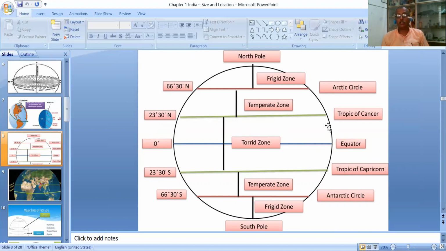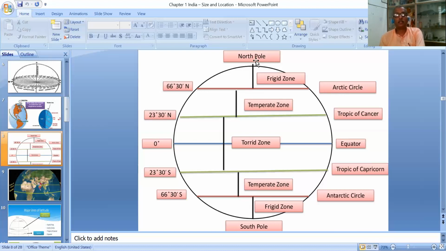23.3 degrees north latitude is called the Tropic of Cancer. 23.3 degrees south is the Tropic of Capricorn. Both the degrees are very clear, and you have noted that S and N indicate which direction they are in. So at 66.3 degrees you can find the Arctic Circle.